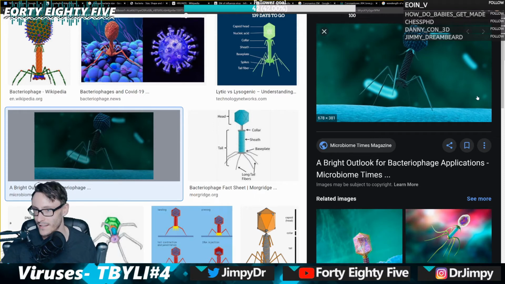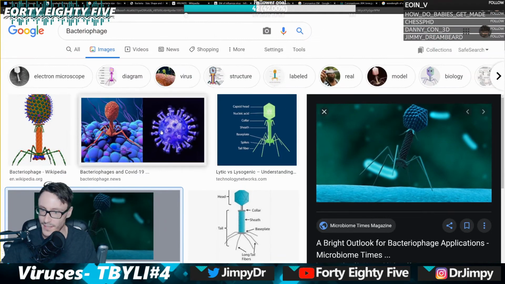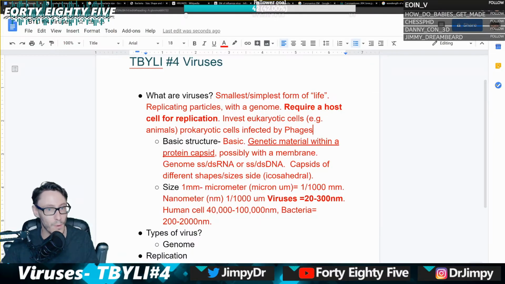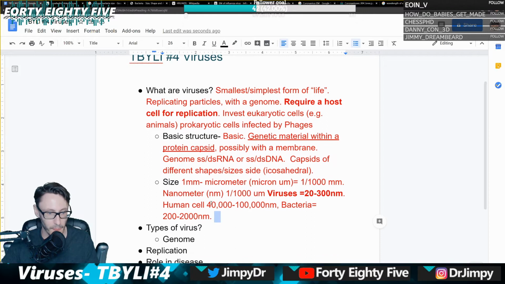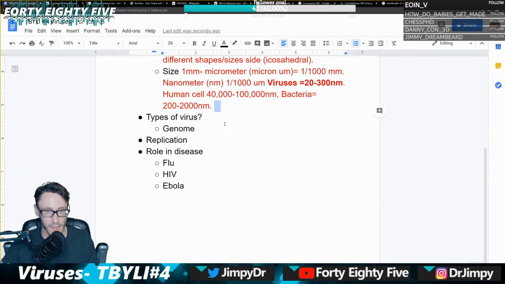The reason for this is that bacteria occasionally have cell walls and thicker structures to get through. But we're not going to go into that. We just need to know that bacteria get infected with viruses as well. Cool.